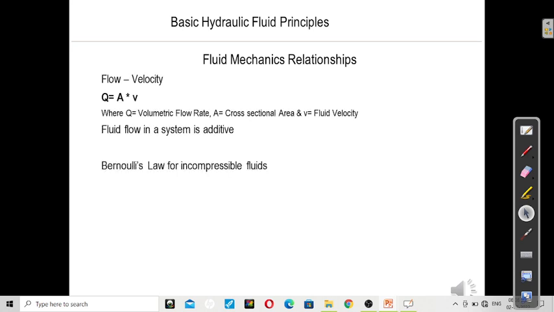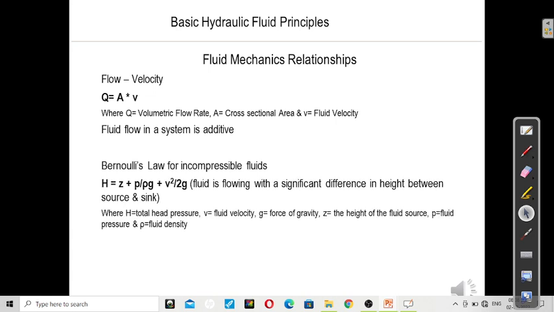The relationship between fluid flow and velocity is, see here, Q equals A times V, where Q is the volumetric rate, A is the cross-sectional area and small v is the fluid velocity. The fluid flow in a system is additive.